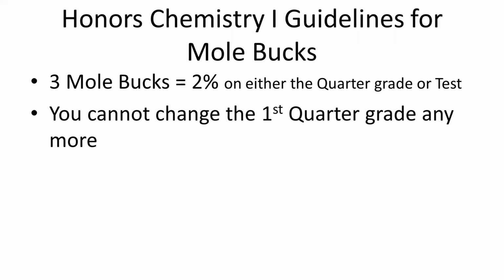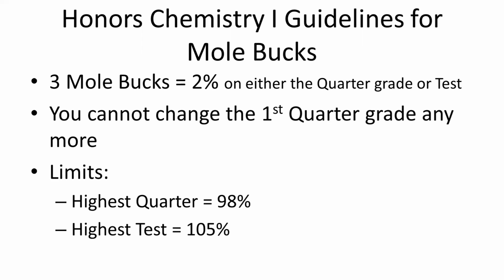Like I said, you cannot change the first quarter grade anymore. It's set in stone. It is what it is. Okay? And because you are in honors, the highest you can take your quarter score, your 9 weeks grade, is to a 98%. And the test, you can take it up to a 105%.